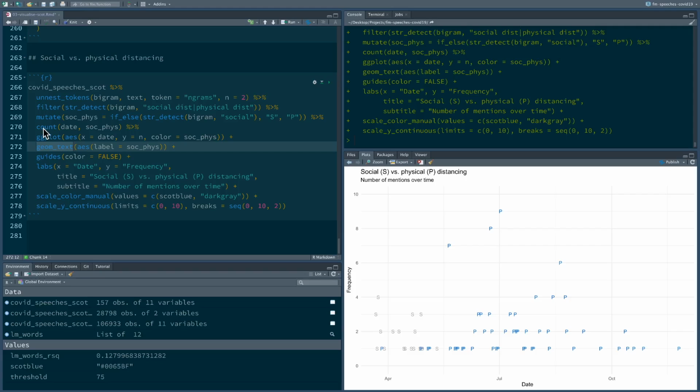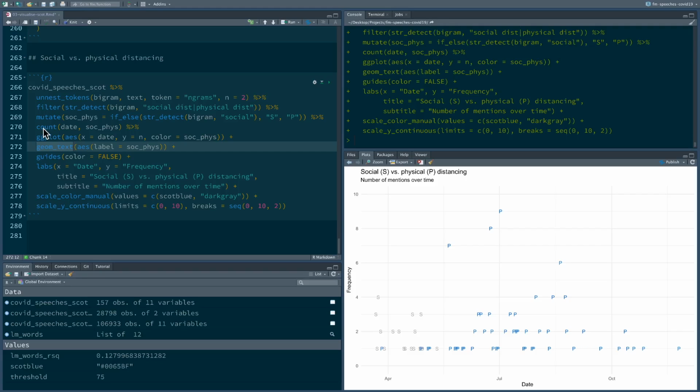We can see that early on in the pandemic, the First Minister was saying social distancing a lot. Around April time or May time, there was a mix of these. And then it seems like from June onwards, the phrase has only been physical distancing. And it looks like we're saying these pretty regularly over time, sometimes multiple times.